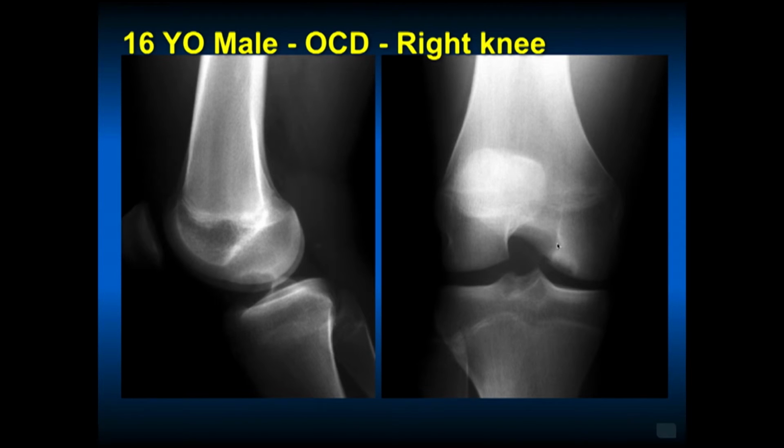Typically, this kind of hinges where the PCL is attached here on the femur, and then it'll be unstable in this area and stay connected here. MRI scans are helpful to tell us if this is an unstable lesion or a stable lesion. In younger individuals, sometimes immobilization and reducing repetitive trauma, such as basketball axial loading, may allow this to heal in a non-operative way, but they do have to have activity modification.